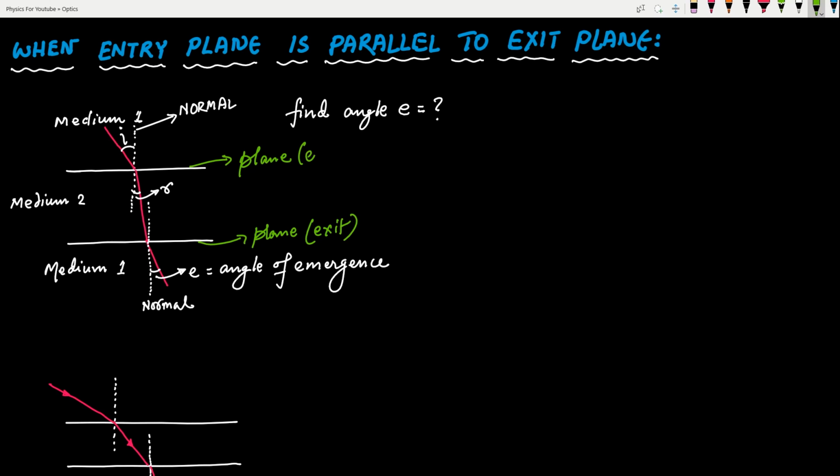We can see that both these planes are parallel, and the light is entering into medium 2 and then exiting into the same medium, that is medium 1. So this is medium 1, this is medium 2, and then again it is coming back to medium 1. Let's see what concept is embedded when this happens.